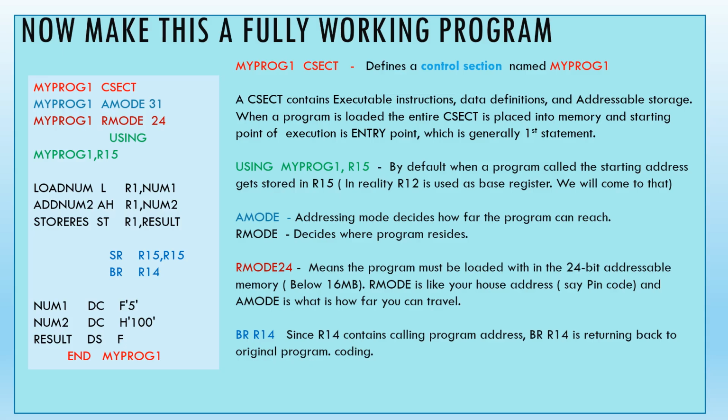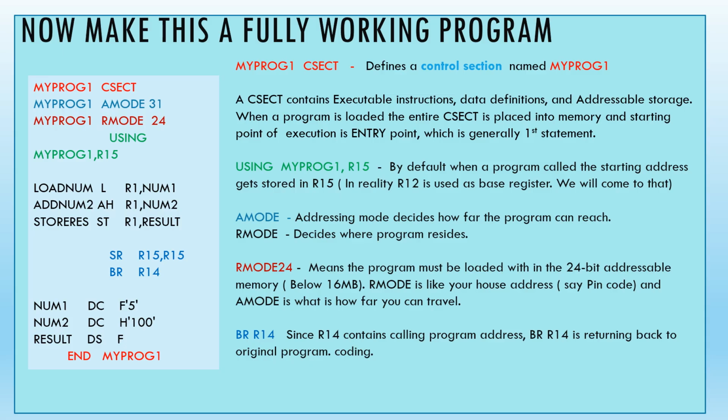First of all, why did this problem come, or why has this situation come? If you look at earlier, the addressable memory for the S/360 and S/370 was 24-bit. So your program and the addresses that you are accessing, everything is within the 24-bit, which means everything is within the 16 MB range.